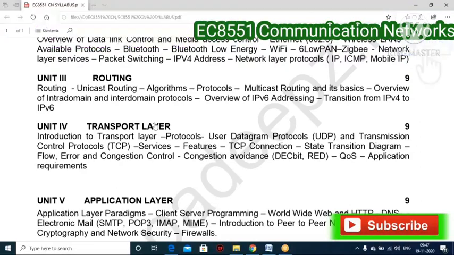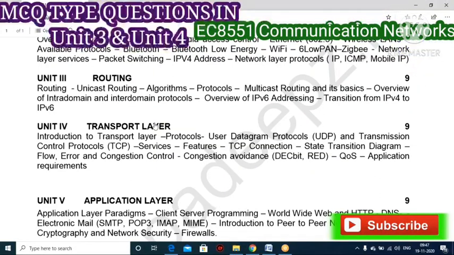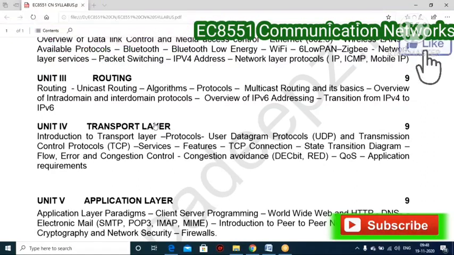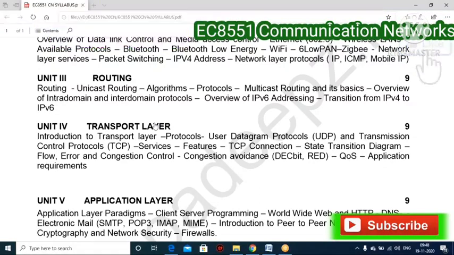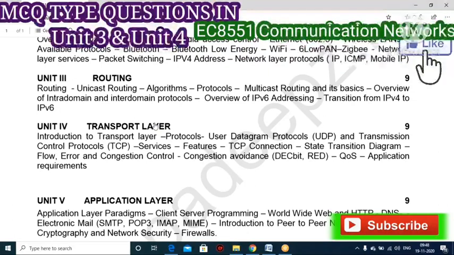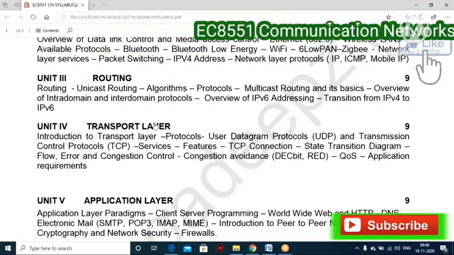Then dynamic routing: I have to say what is dynamic routing and the function of dynamic routing, how it operates. Like that you have to frame your structure, and you think about what questions may be asked under each topic. Just think about the topic, think. Then only you can get more questions.